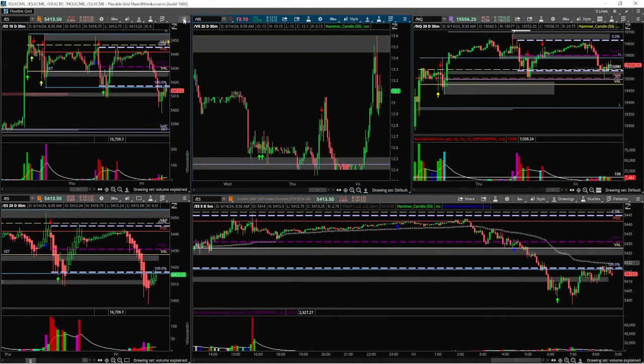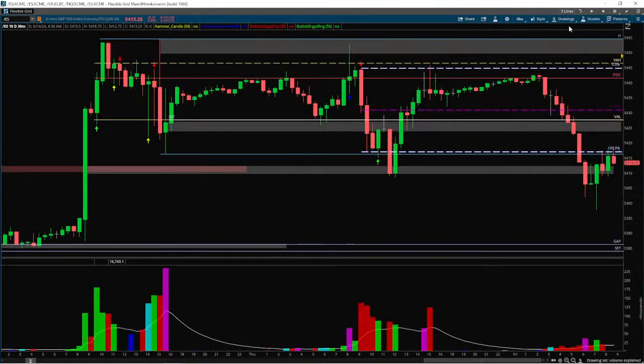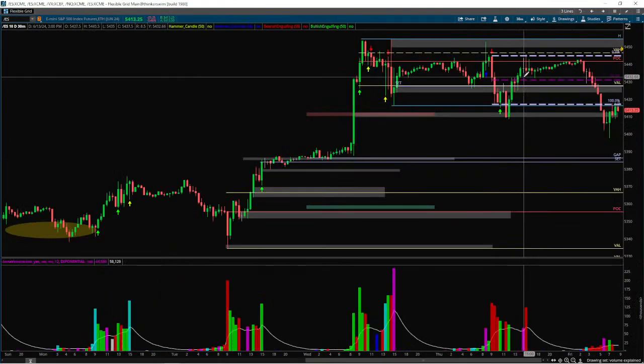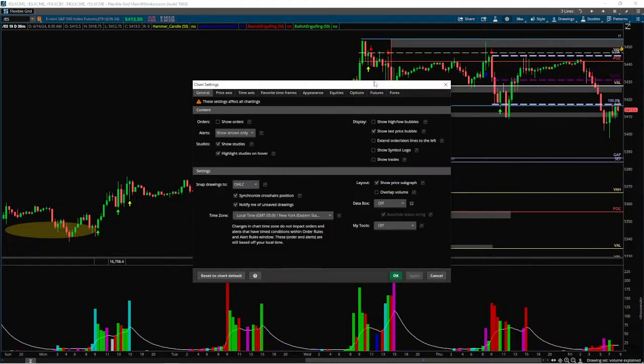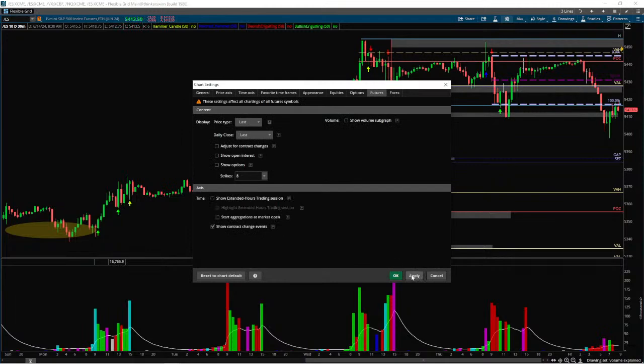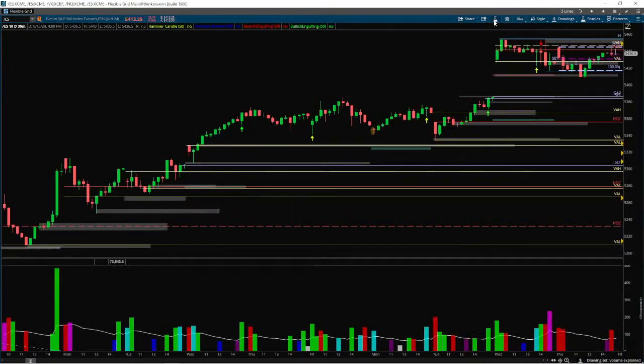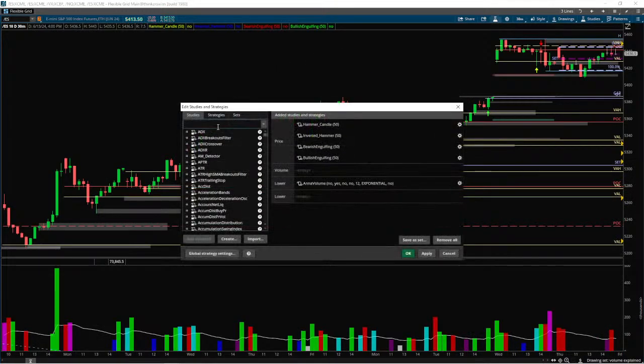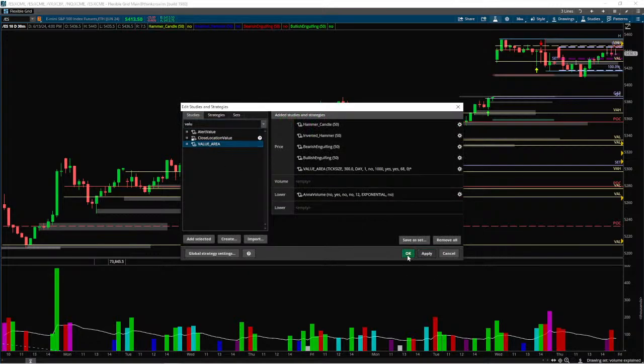So we're gonna start with ES like always, and we're gonna add the value area highs and lows, and clear out some of the noise that we have here. So going to take out the overnight session and go to value that.